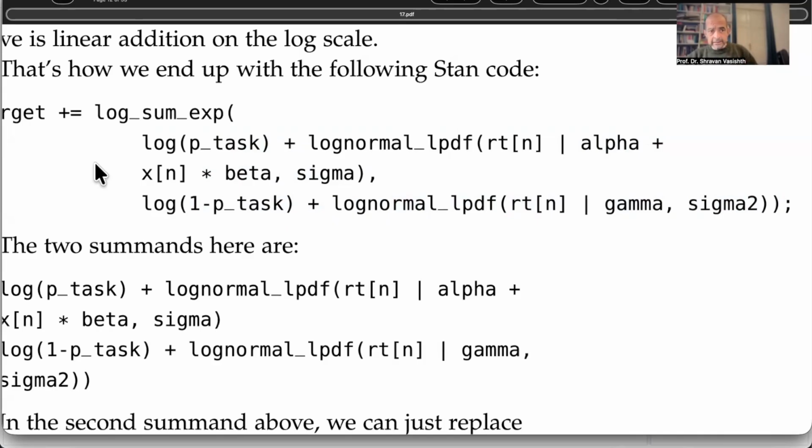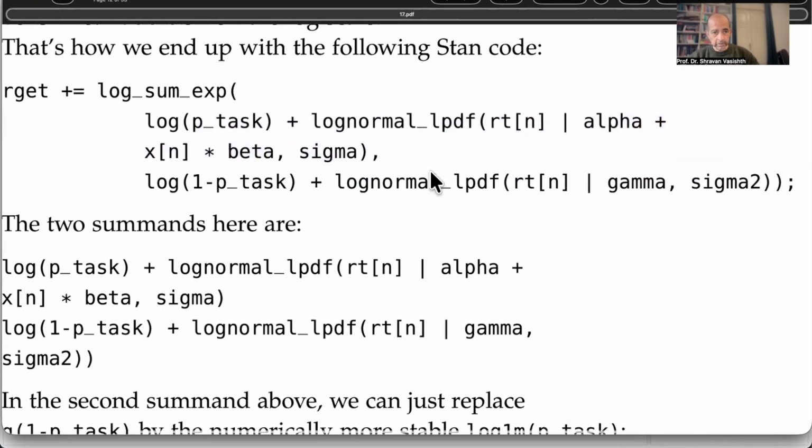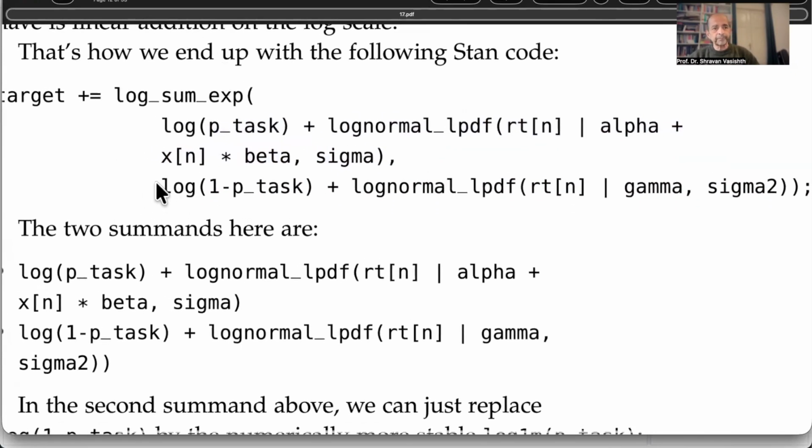As I said earlier, the A term is in log space, so we have the log probability of task plus the log of the log normal density, right? So that's the A term, and whatever is inside this density is all of this, right? So you don't have to think about that. The second term is also on the log space, the second term, B, contains everything on the log space, right?